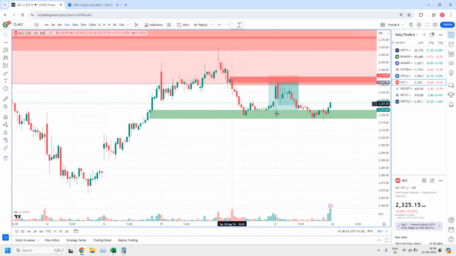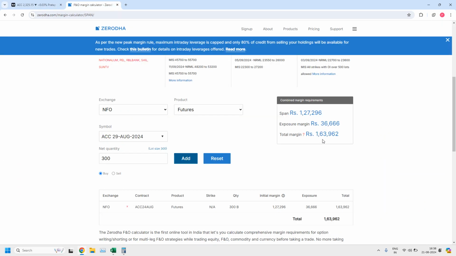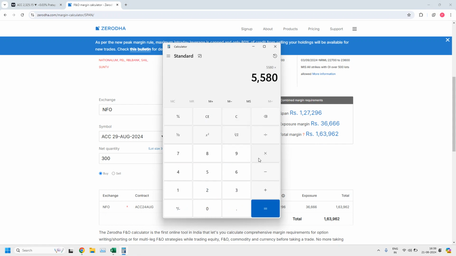But to be honest, when prices are here, the margin cost would be a little higher than the current value, because the prices were down, so the margin cost has reduced. Maybe another 100 or 200 rupees more might be there. So this is 1,63,962. So let me add 1,64,100 rupees, approximately. So you got 3.4 ROI.